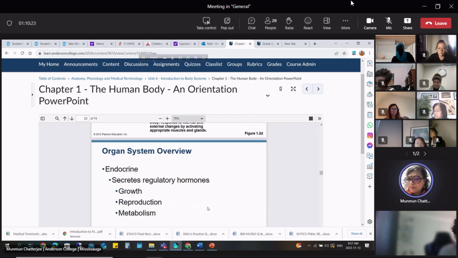Endocrine system. What is the endocrine? It produces hormones. It secretes regulatory hormones. What are the main hormones? Growth hormone, reproduction, metabolism.